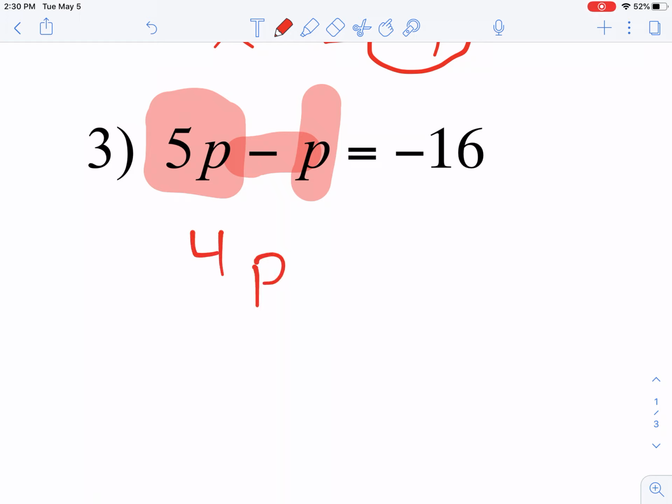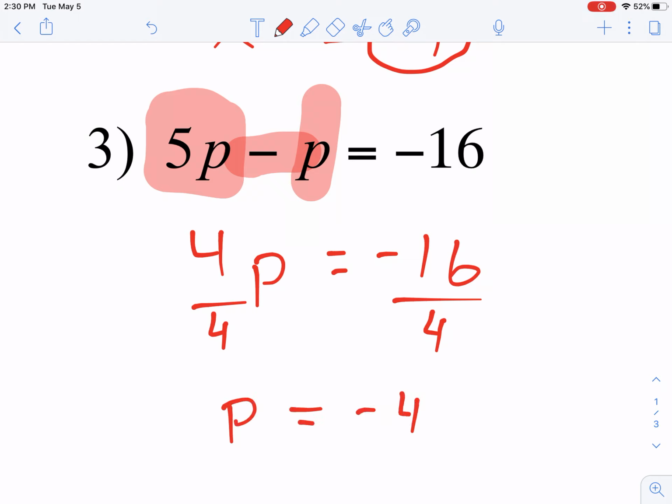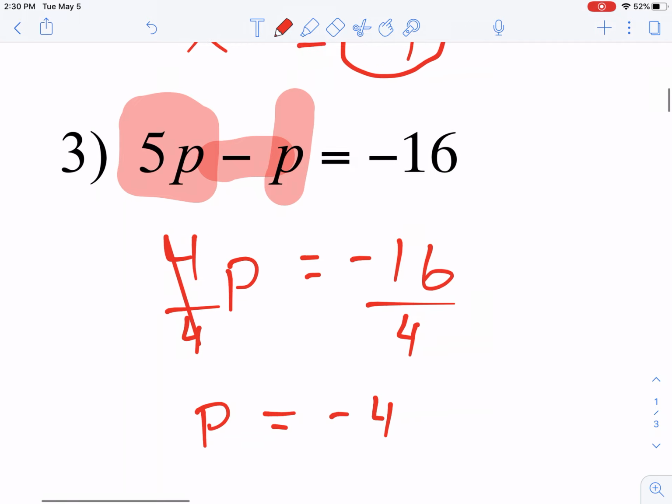Another way to look at it is you could technically subtract them, which is equal to negative 16. Divide both sides by 4, and you get p is equal to negative 4. Again, you're more than welcome to use Desmos if you would like, but you don't have to.